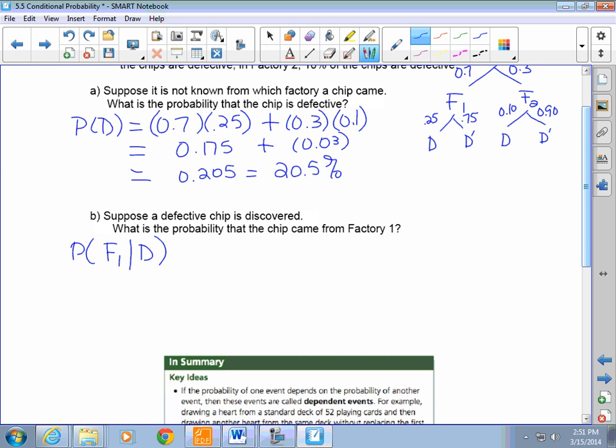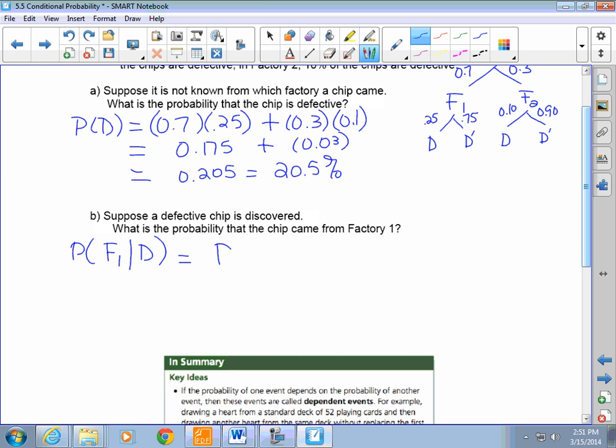Because they are dependent events, we can use that formula that I gave you at the beginning.